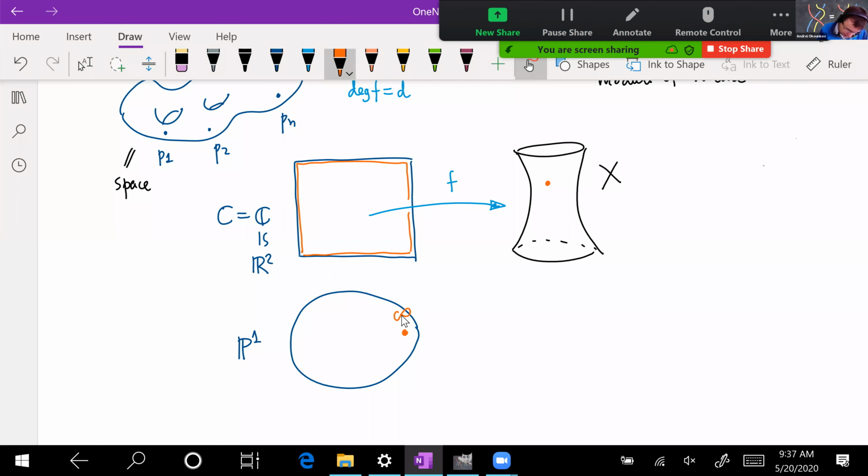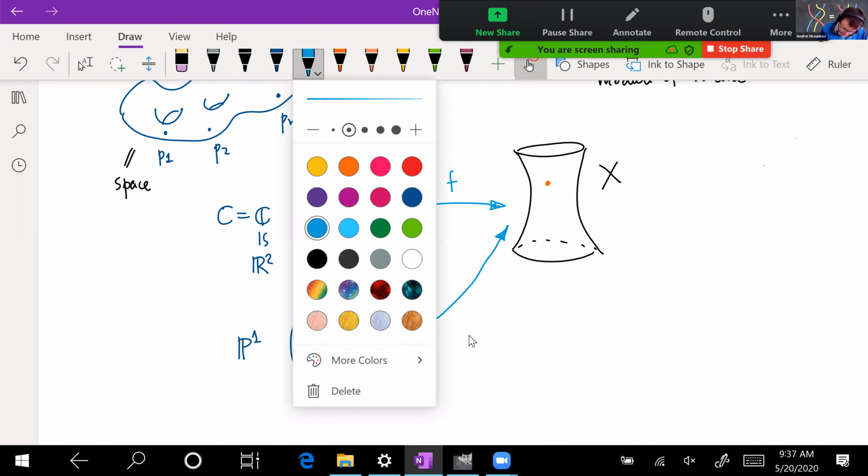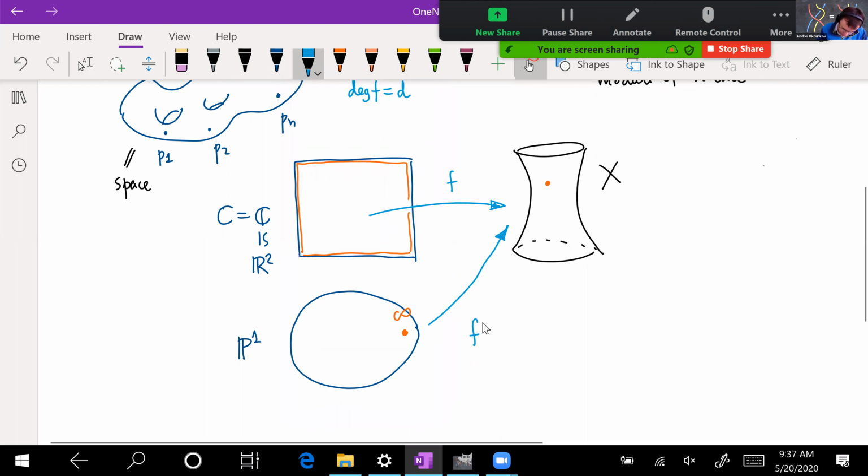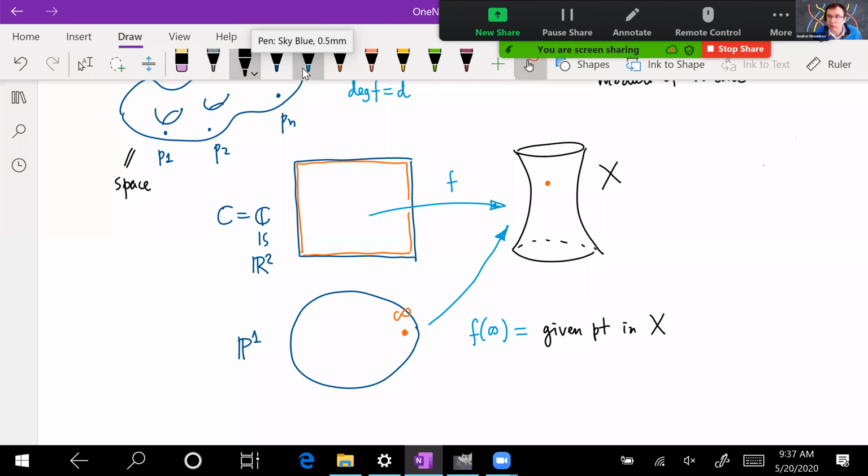And what I would like to say is that this map f, so I have my map f here, f of infinity is some given point in X. And moreover, I'd like everything near infinity to look regular, which means I'd like this map to be non-singular.